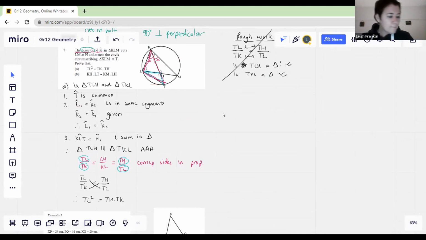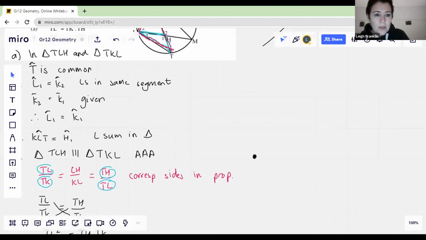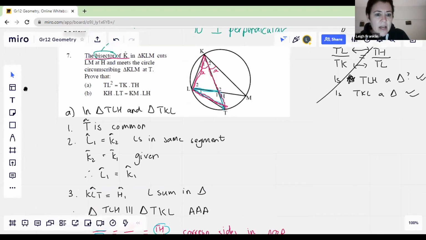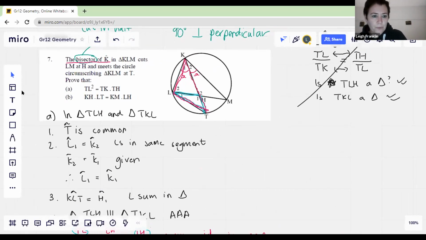Okay, let's have a look at the next part of the question. Now they give us another proportion that they want us to prove. KH times LT equals KM times LH. Now again, have they told us which triangles they want us to work in?